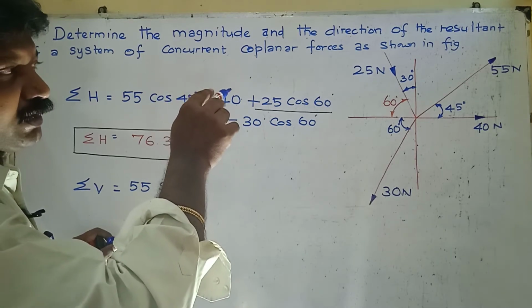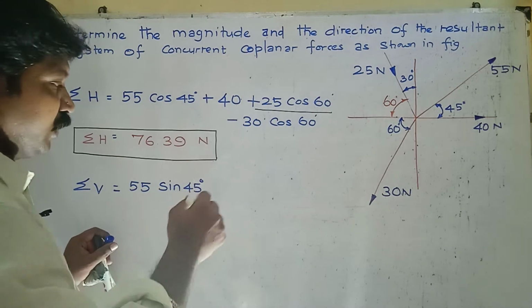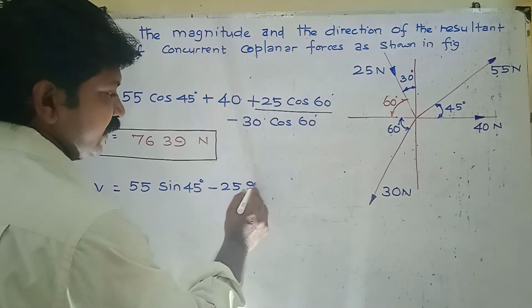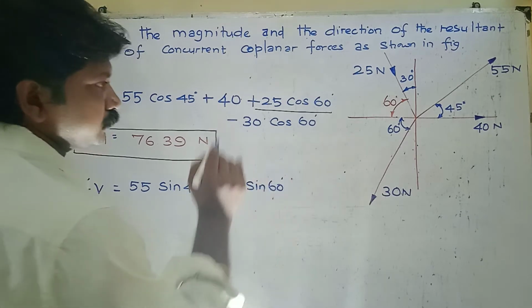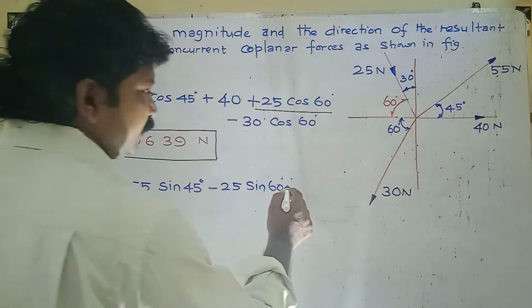The force is placed in the second quadrant, but towards downward direction, so negative: minus 25 sine 60. Minus 30 sine 60.